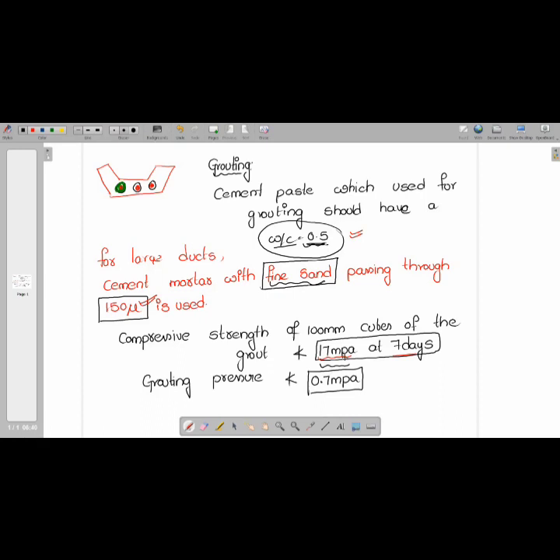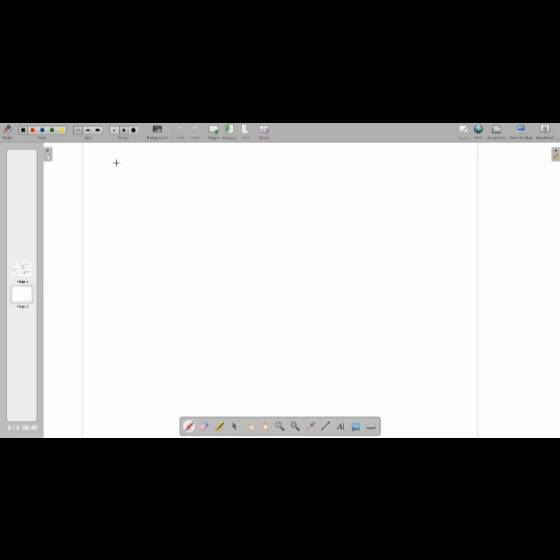Now see students, let us discuss the minimum reinforcement in prestressed concrete. First we talk about the longitudinal reinforcement. How much should you provide?